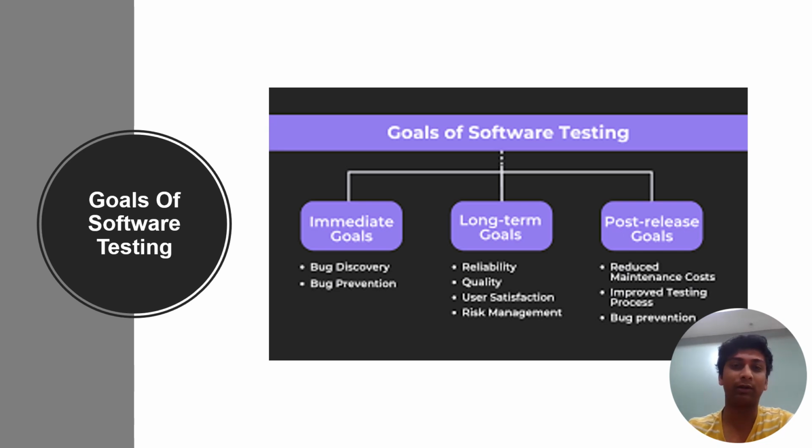Then user satisfaction: if your system is reliable and high quality, user satisfaction will be high. If user satisfaction is high and all those things are maintained, your risk will be low. There should be least risk management.